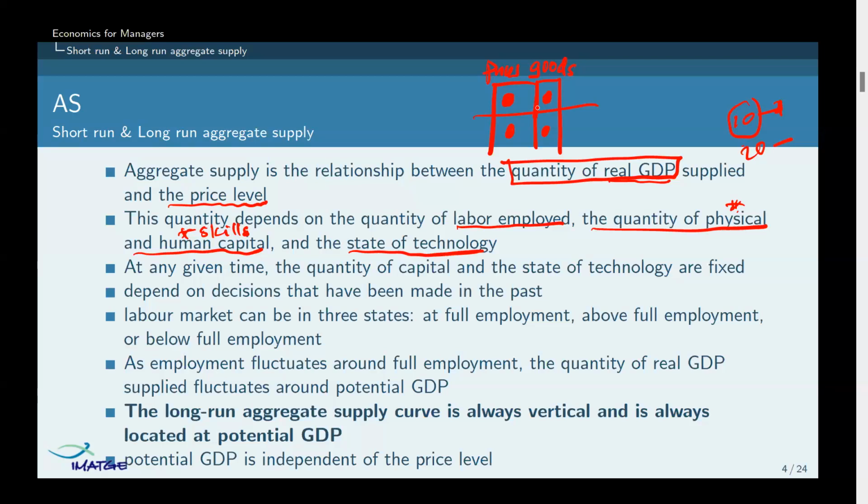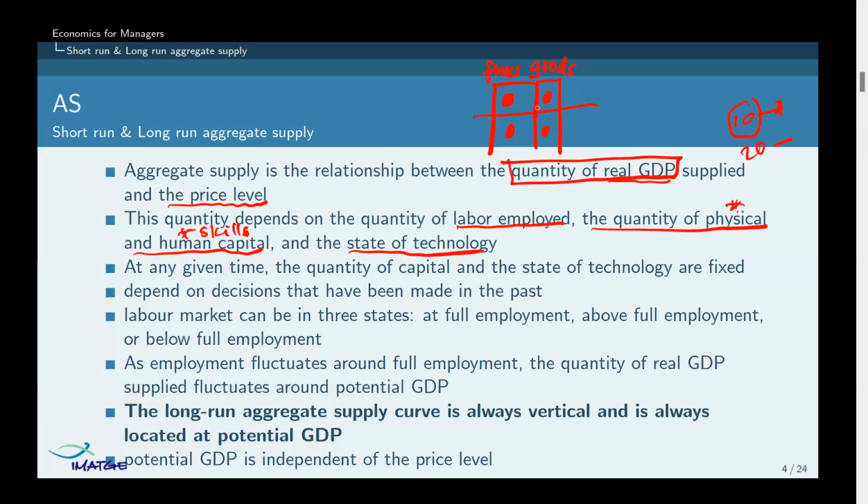And the state of technology, right? Definitely technology is a key determinant of aggregate supply in the economy. Investment in technology: think of a company that is using old ways of producing output. If you look at the construction industry, the road surfacing market, you have people who lay road asphalt the traditional way, using wheelbarrows. It's labor intensive in actual sense, because they use a lot of people to conduct the tasks.